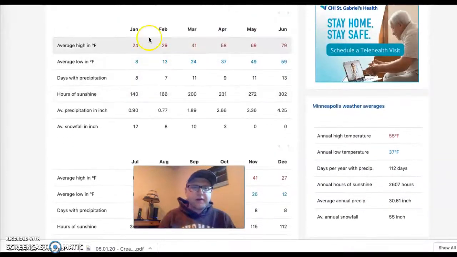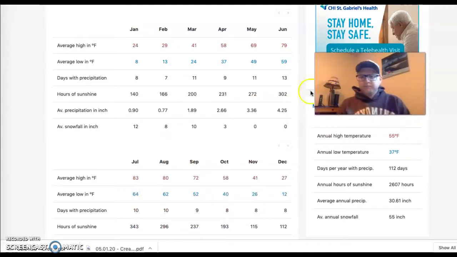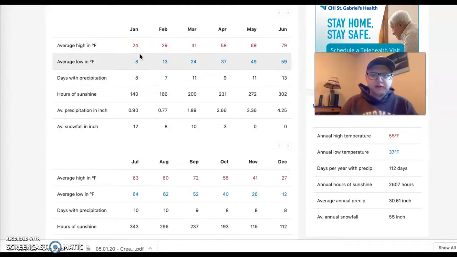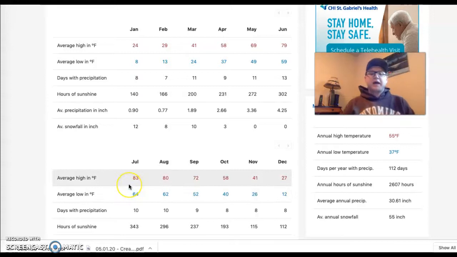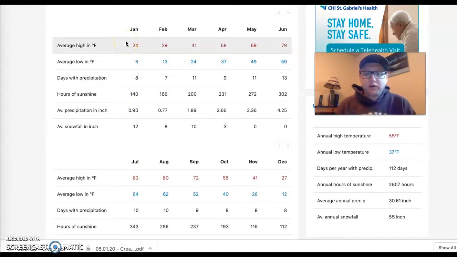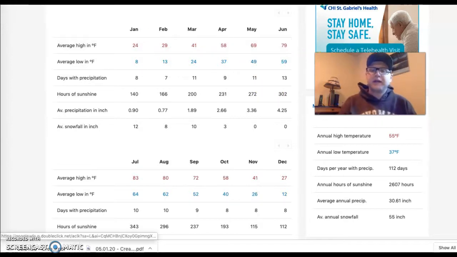So if you look here, they take an average temperature each month. And you have your warmest month, which is going to be July. The average high is 83. And then you have your coldest month, which is January, which is the average high is 24. So to get your temperature range, it would just be 83 minus 24, which is, let's see here, 59 degrees. So that would be the temperature range for Minneapolis.